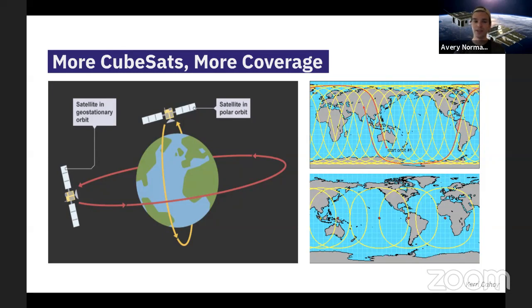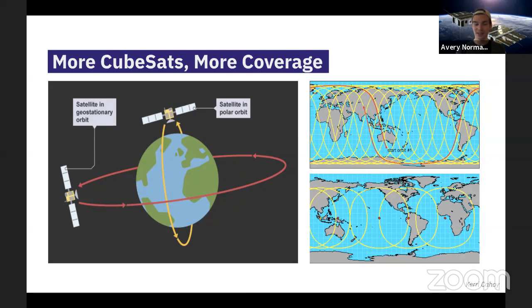CubeSats are more likely to exist in polar orbit, which experiences more coverage of the Earth, but requires 14 days to actually cover the entire Earth. However, if you have multiple CubeSats in orbit, you don't need 14 days to cover the Earth. You can cover the entire Earth in 1 day.